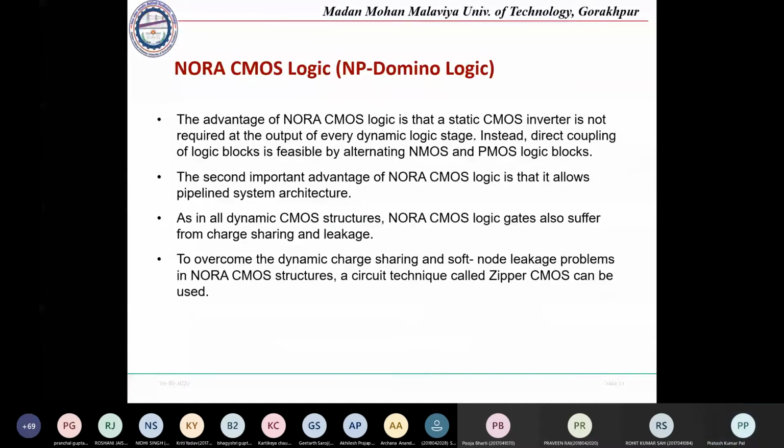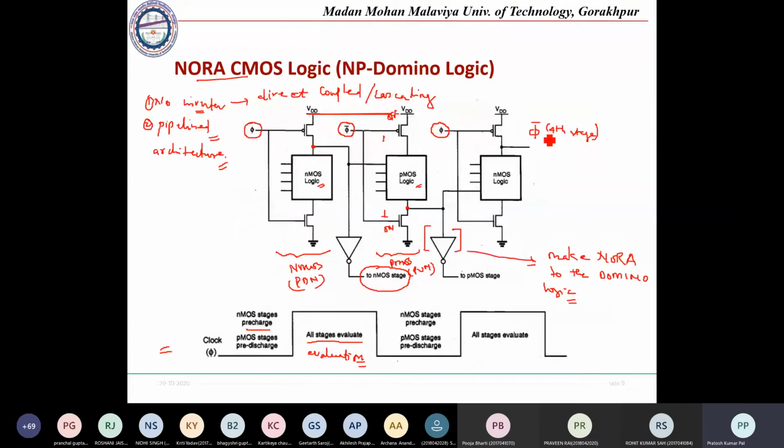We have seen the advantage in terms of the static inverters. Whatever inverter we use in this is a static inverter. They are called static inverters because these are inverters that do not depend on the clock; they are not directly connected to the clock, and their output is considered at the steady state.